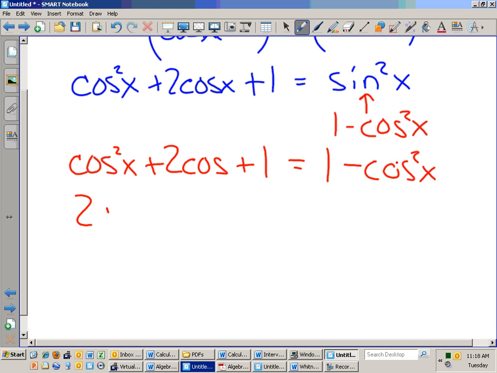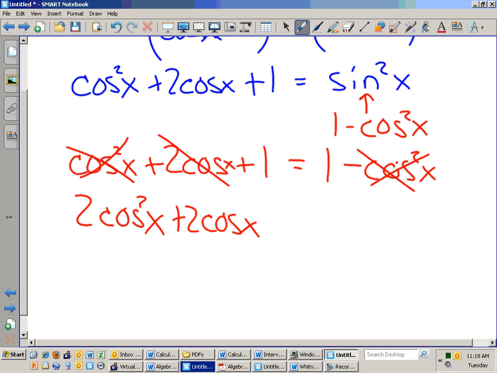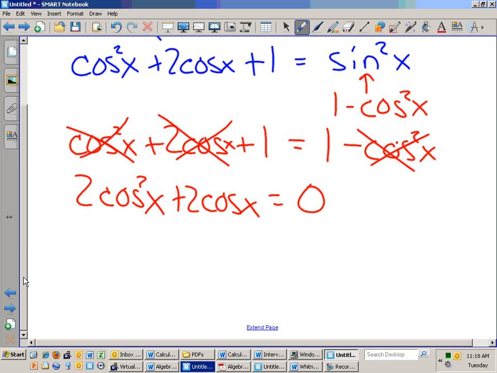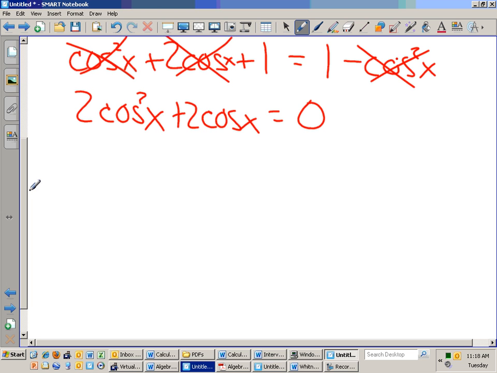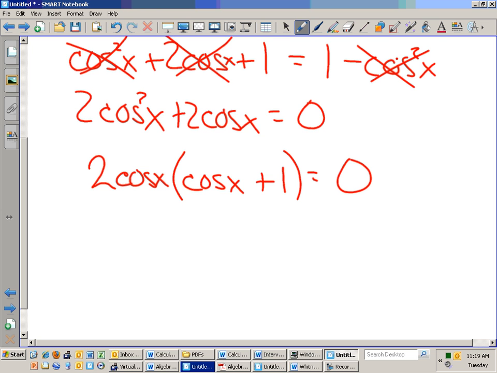So that'll be a 2 cosine squared. So we did that one and that one. Looks like I have a plus 2 cosine. Oh, forgot the x. Got that one. The ones cancel. Pull out a 2 cosine, good. Now what?